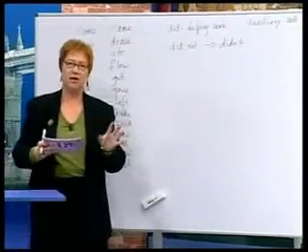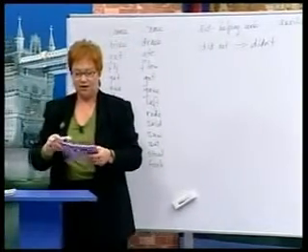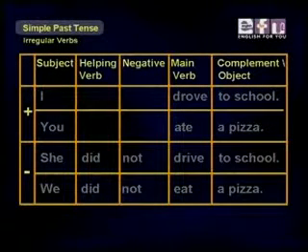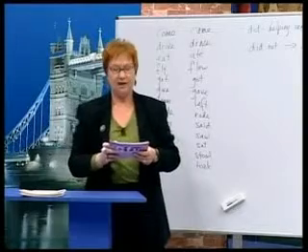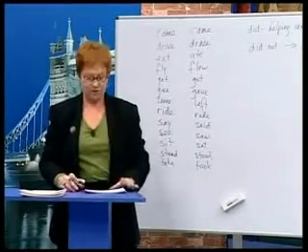And now, here's another chart, and you can see the difference in the sentences. If you look at the chart, you see subject, helping verb, negative, main verb, and the complement or the object. Now, the first two are positive.